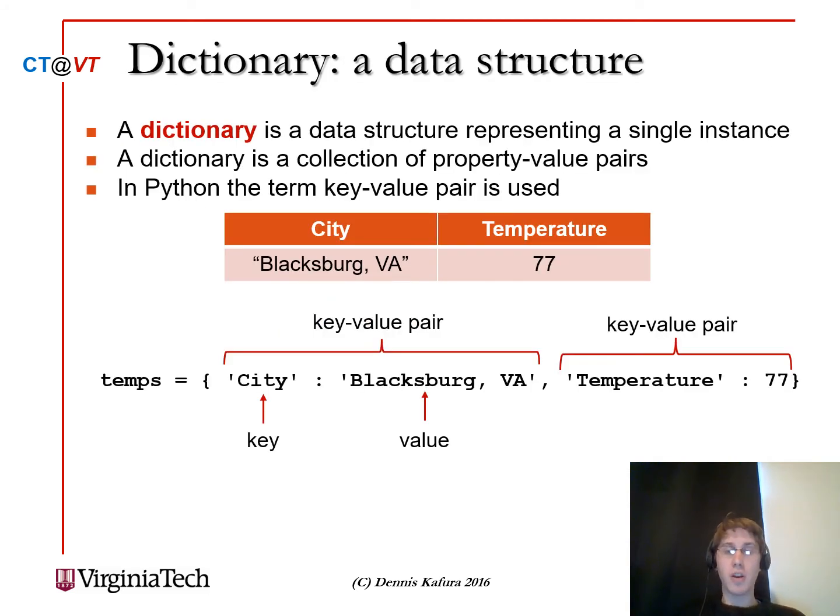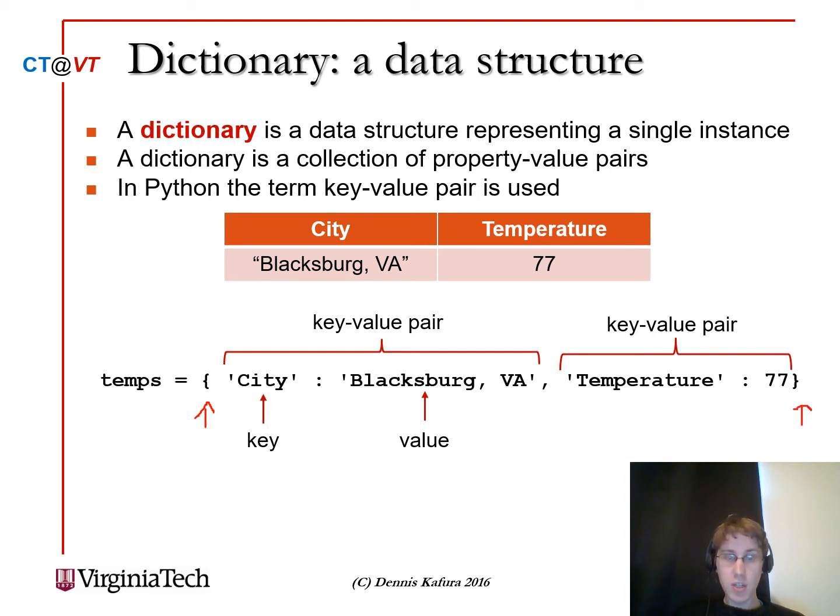A dictionary is a way that we represent this in Python text code. So a dictionary is a collection of property value pairs. Each property gets one value. Sometimes we call this a key value pair instead. You can see the syntax below. Notice right here that we have curly braces on either end of the dictionary, much like how we use square brackets on either end of a list.